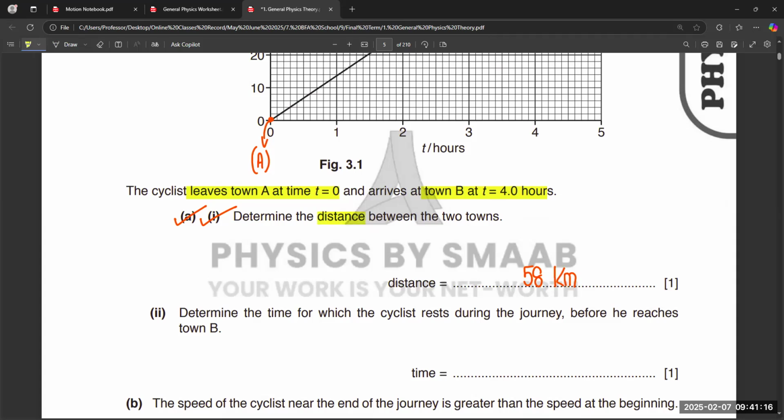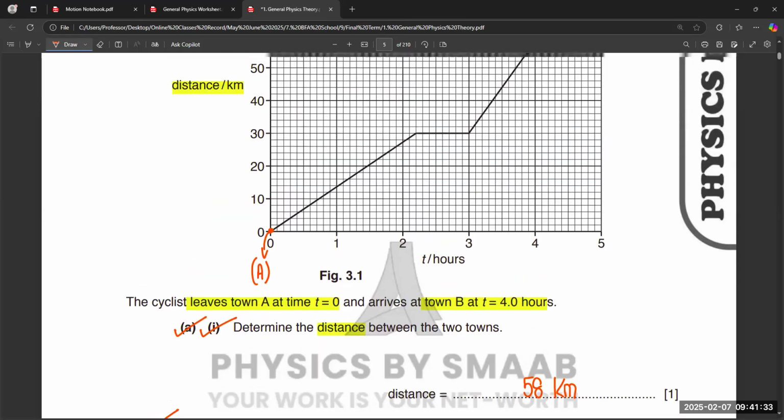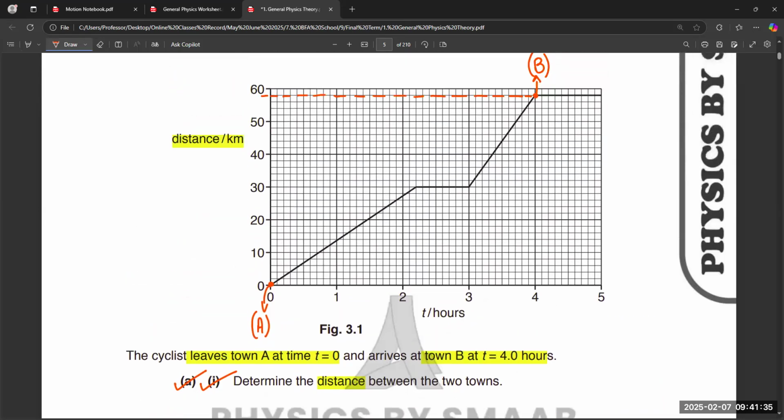Next part, determine the time for which the cyclist rests during the journey before he reaches town B. So before reaching town B, from the graphical representation, what is the time duration in which the body is in a rest state?